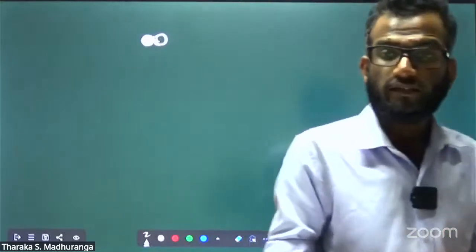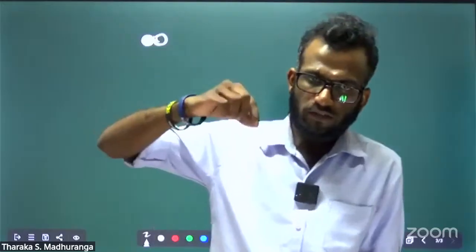What is the least size that we can observe with our naked eye? Any idea? You can suggest. No need for an exact value, just send me some value.